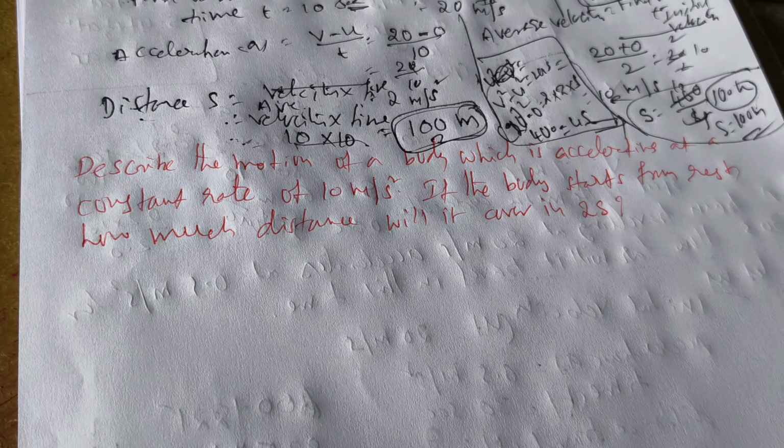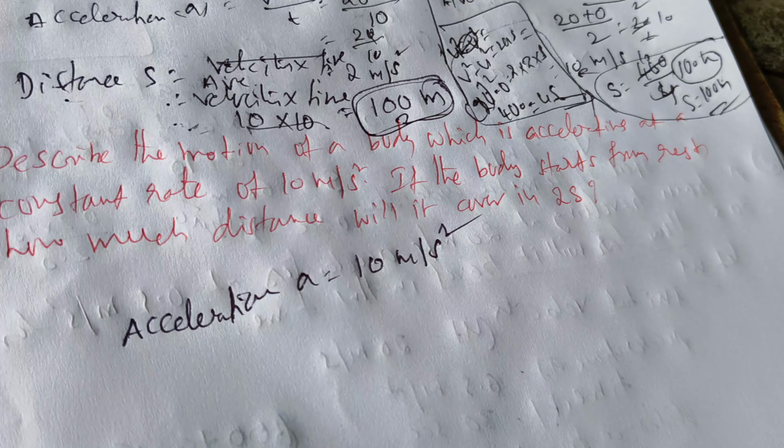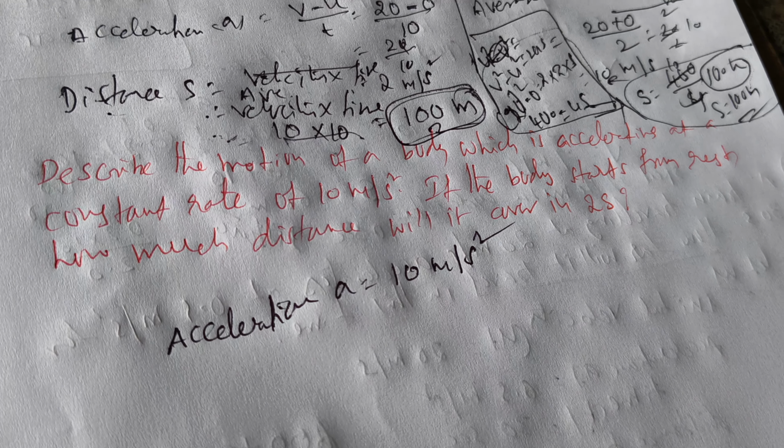For that, write the given values first. Acceleration a is equal to 10 meter by second square. Then time given, t equal to 2 seconds.